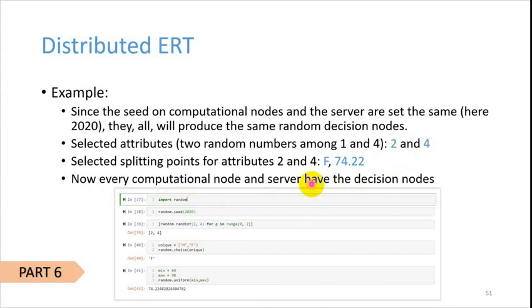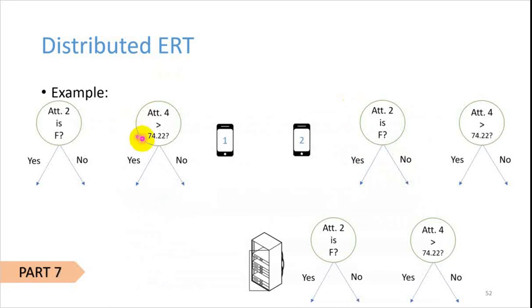Every computational node and the server would generate the same thing, and these numbers will make our decision node options. So every computational node and the server will have a copy of the options for the decision node.